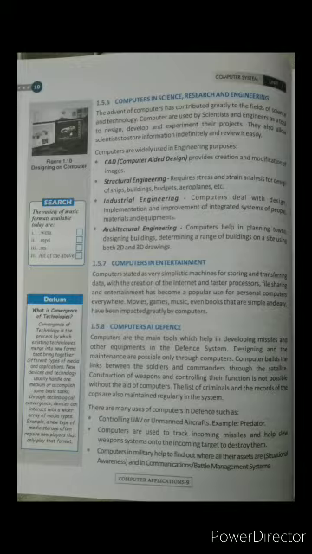Computers are used by scientists and engineers as a tool to design, develop, and experiment with their projects. They also allow scientists to store information indefinitely and review it easily. So here is the key word: indefinitely. Indefinitely means the storage is very huge, in terabytes and gigabytes.